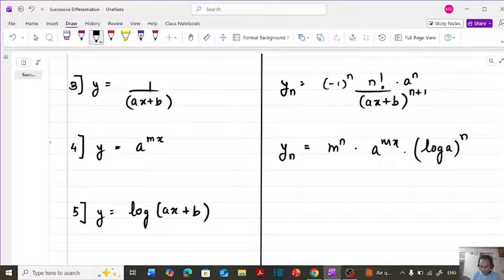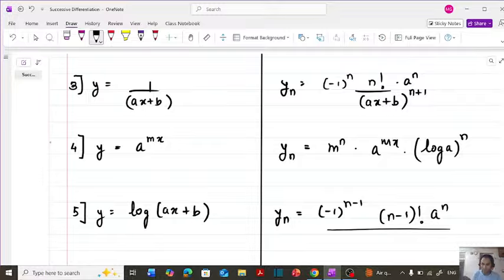It's a bit similar to the third formula. yn equals minus 1 to the power (n minus 1) into (n minus 1) factorial, a raised to n, over (ax plus b) to the power n. Okay, so I hope you have jotted down these five formulas.